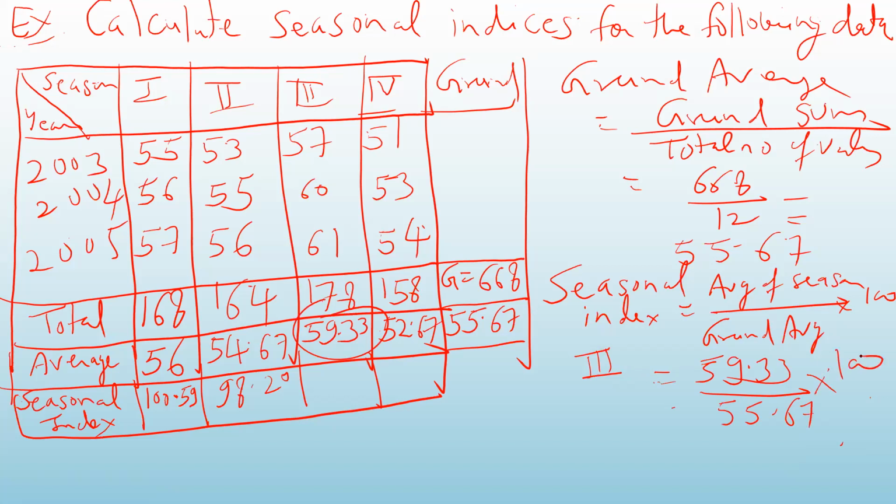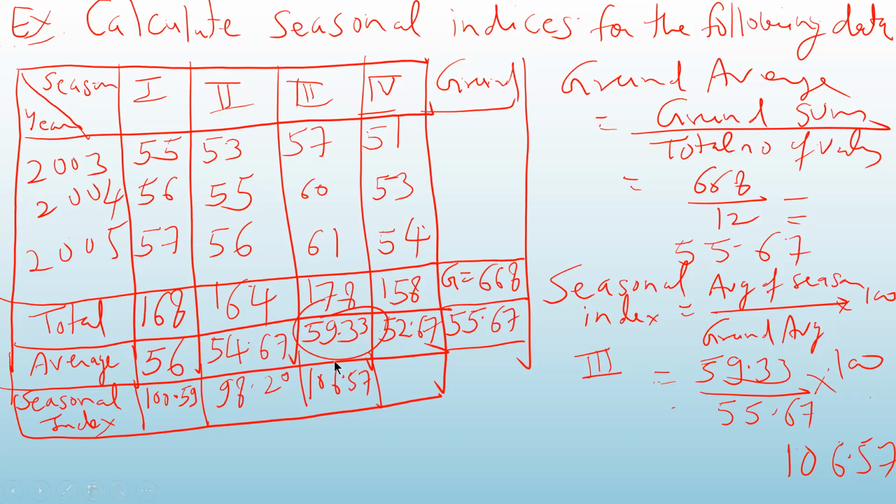So 59.33 into 100 divided by 55.67, you will get 106.57.